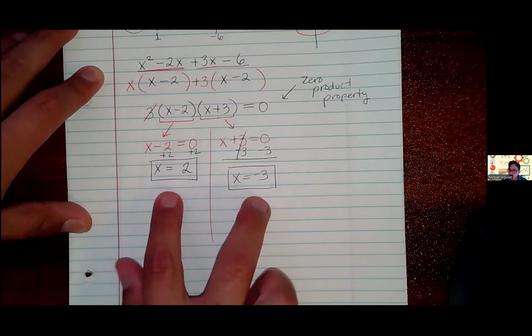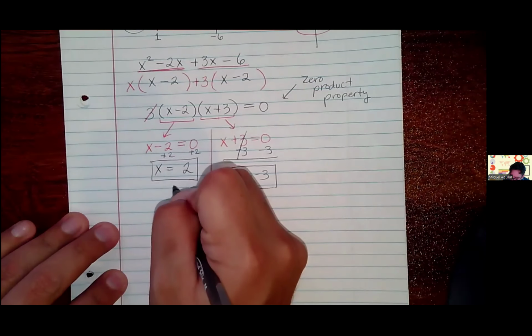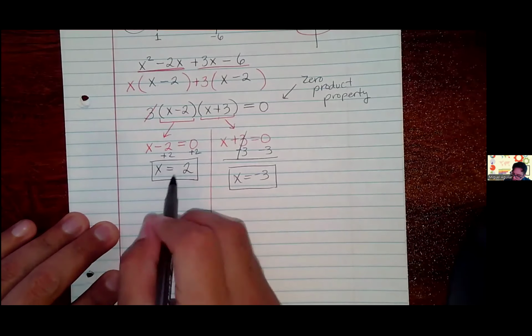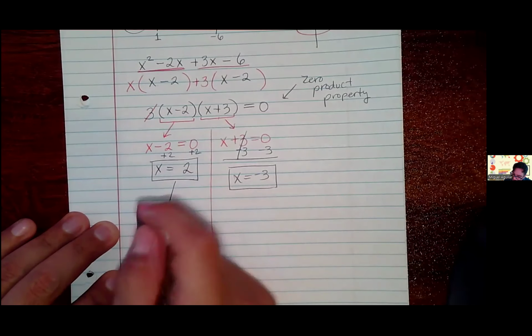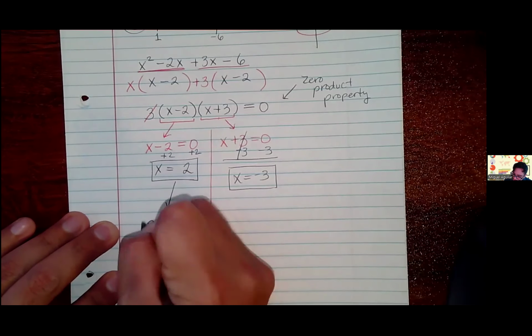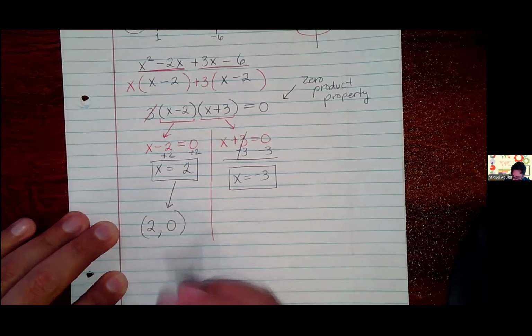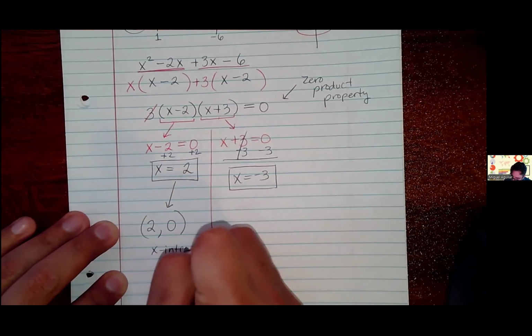And when we got through this process, we found x values. These give you the location of those x-intercepts, because this is going to say x is equal to 2. That really means that my x-intercept is at (2, 0), since that x value is 2. This is one x-intercept.